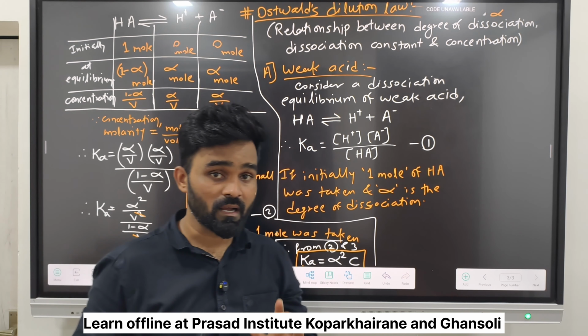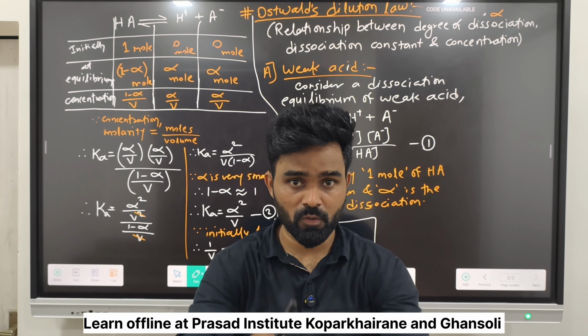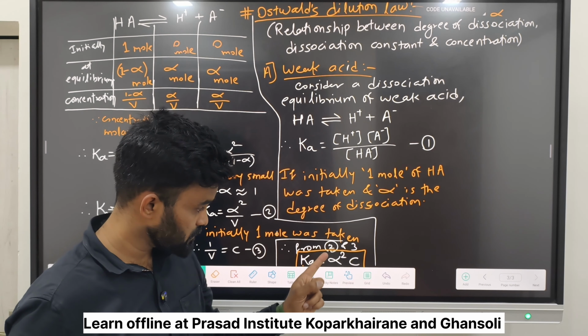Check a bit, do you understand something? If you don't understand, ask, okay? Write that in comments if you have any query. We'll definitely try to answer. What is alpha in this?